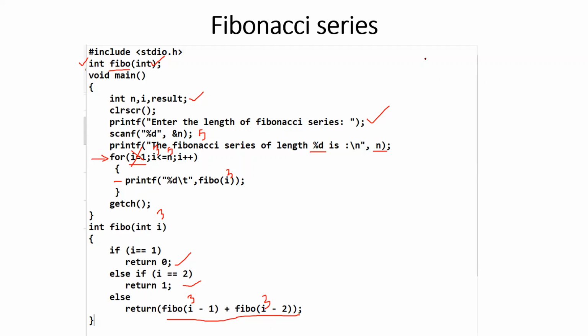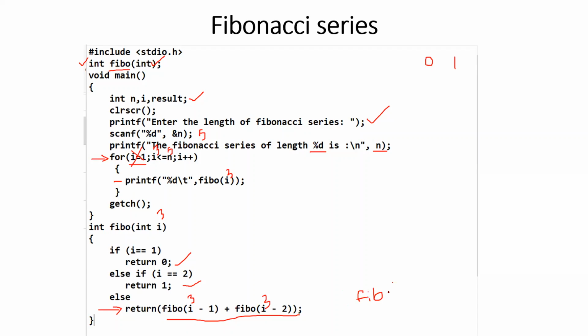So as we had already displayed with the return of 0, the first digit will be 0, the second was 1. Now, as we are moving towards I equal to 3, it will be returning this value. So we thought that if we get the value of Fibo of 3 minus 1 added with the Fibo of 3 minus 2, then we can return that to main. So now we are making an attempt to find the value of Fibo of 3 minus 1.